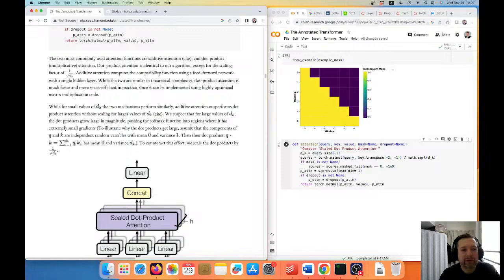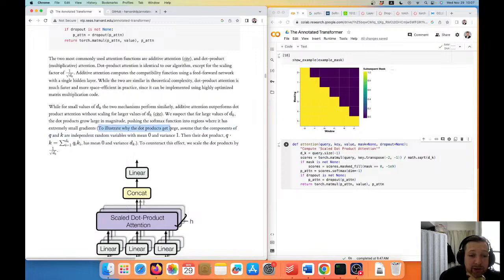So if you divide by something of the order of this dimension, then you can scale the result back down to some rough value between 0 and 1 probably. Oh, I guess this is basically what I just said, right?